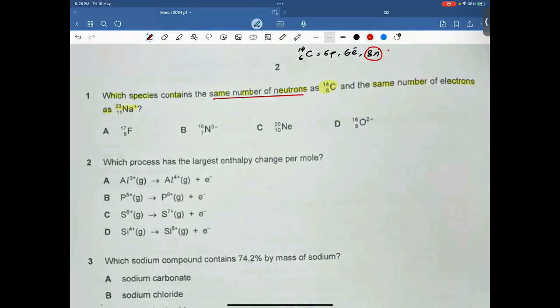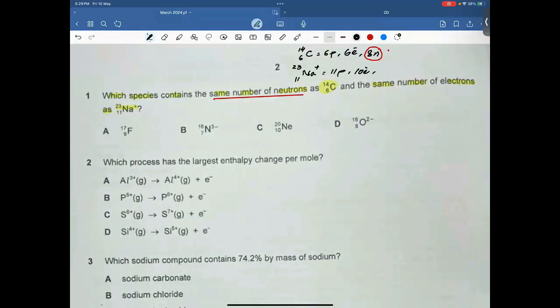And let's talk about the sodium ion here. Sodium ion has a charge of +1. It has a proton number of 11 and the mass number 23. So it has 11 protons. It has 10 electrons.